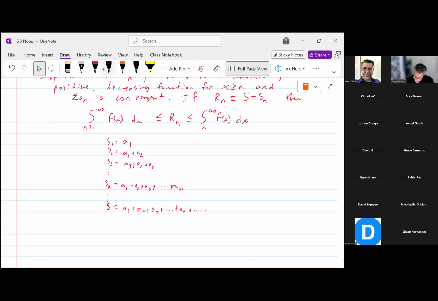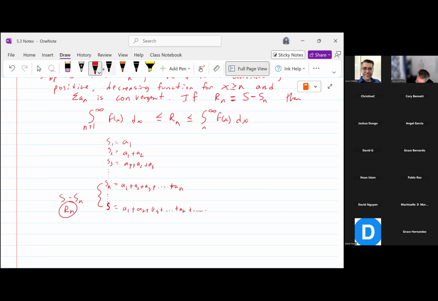And so this series converges. Well, we're saying that the difference between these two, S minus S of n, we're calling the remainder. So we go all the way out to this one. We want to know how good our approximation of the sum of the series is using our partial sum.